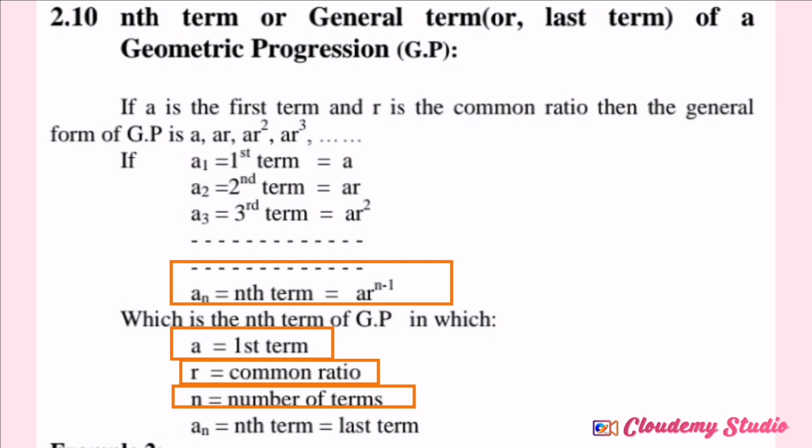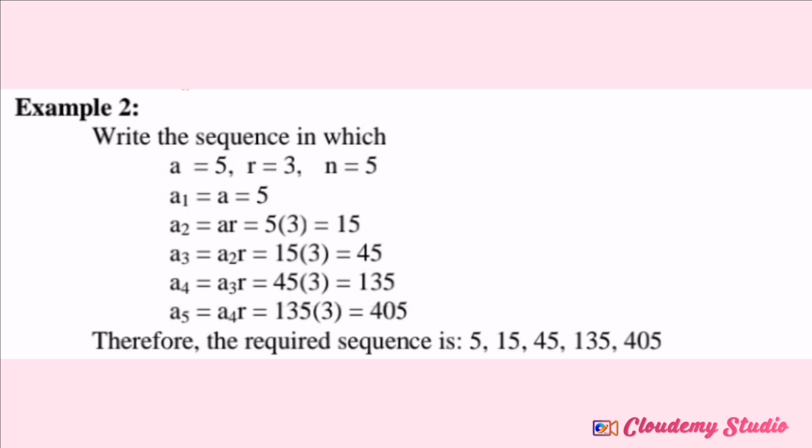Next, example 2. In example 2, write the sequence in which a1 is equal to 5, r is equal to 3, and n is equal to 5.